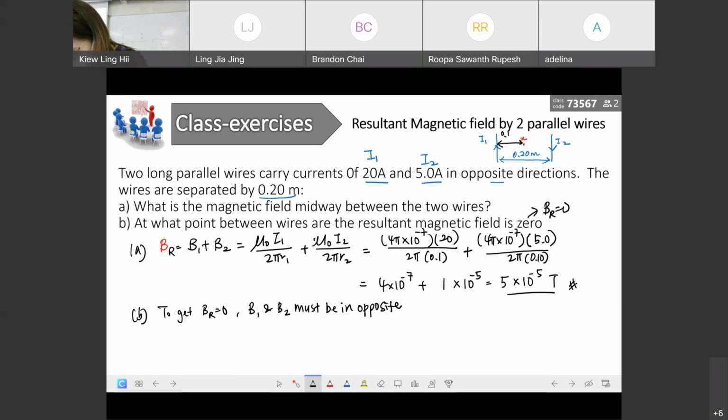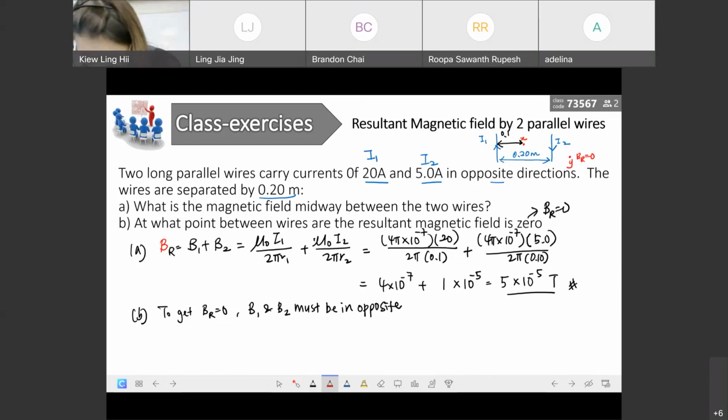Okay? So let's say we assume somewhere at region C. Just assume this is the point whereby BR is equal to 0.